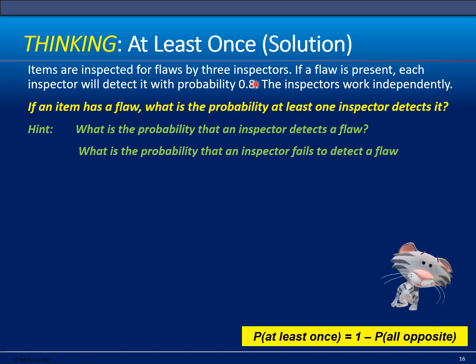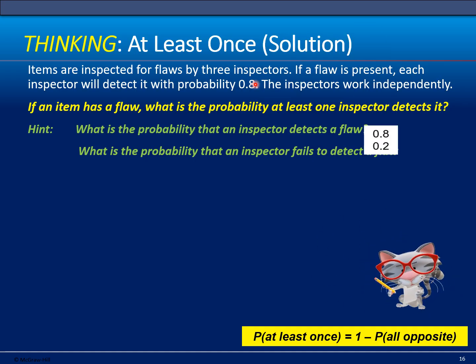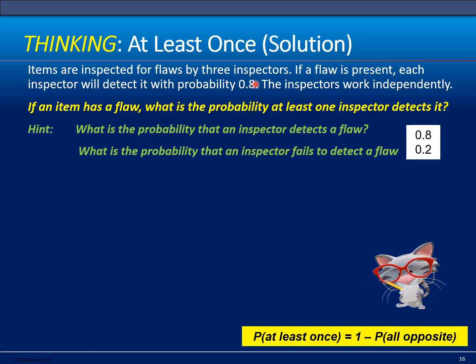Okay. So we're given that the probability that an inspector detects a flaw is 0.8. Remember, the complement of that is that they fail to detect it, and these have to add up to 1, so that's 0.2. Again, we have the same formula at the bottom, 1 minus the probability of all opposite. So this is 3 detectors failing to detect it.